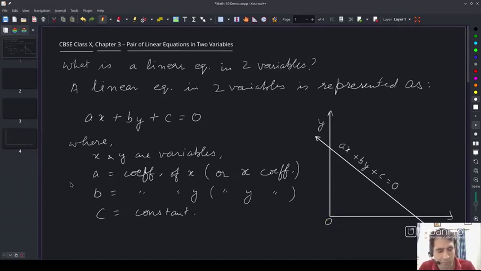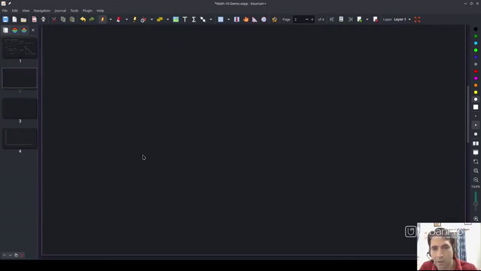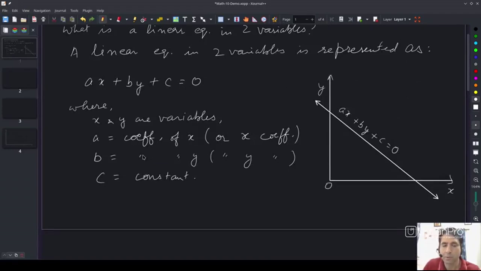Now, since there are two variables x and y, we need two such equations to find the values of x and y, and the values of x and y are also called the solutions of the equations.